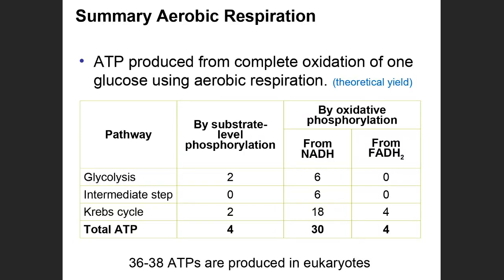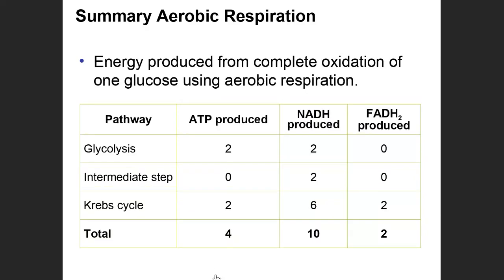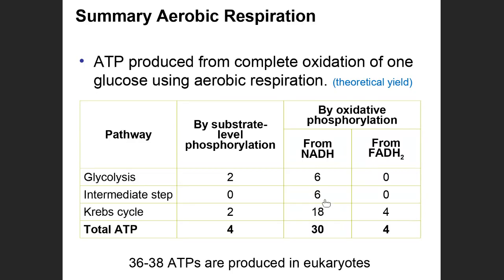They yield 6 ATPs. And in the Krebs cycle, 6 molecules of NADH were produced, and they yield 18 ATPs, for a grand total of 30 ATPs from the NADH molecules.